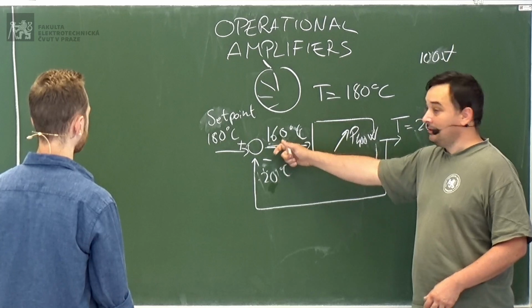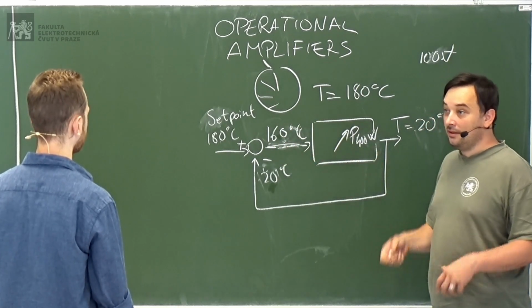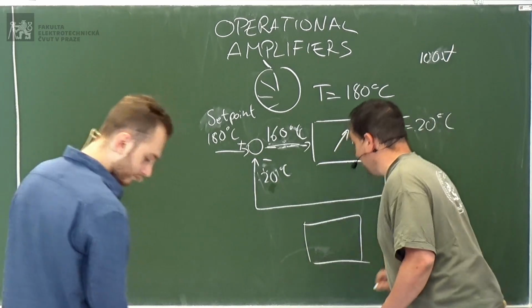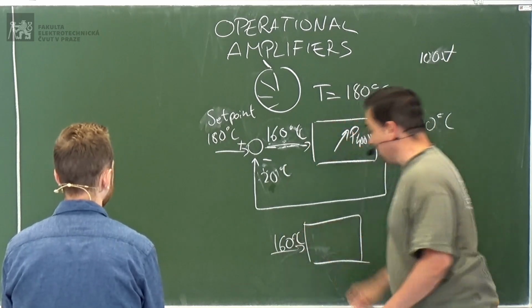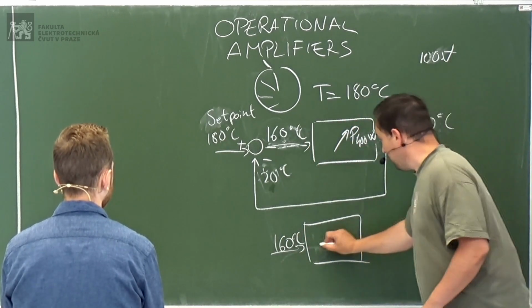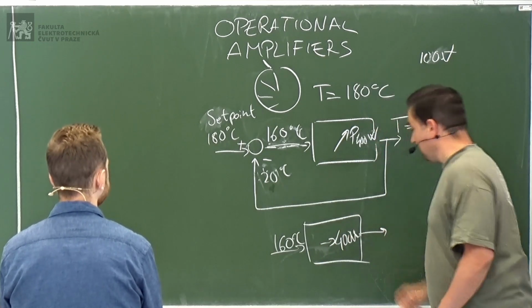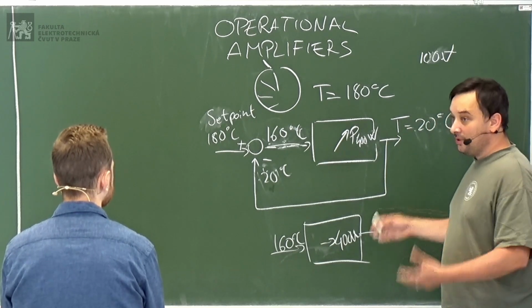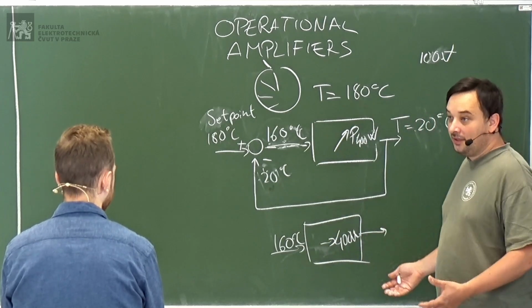Let's say that here I set 160. In an open loop, I say 160 degrees gives me 400 watts. So if I have the environment at 20 degrees, I have 20 plus 160 given by the oven.